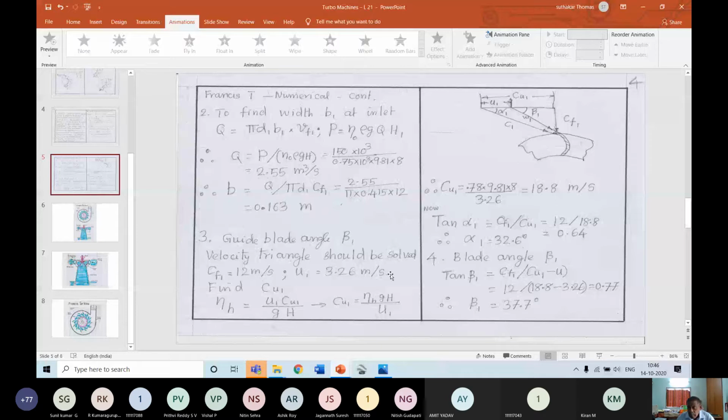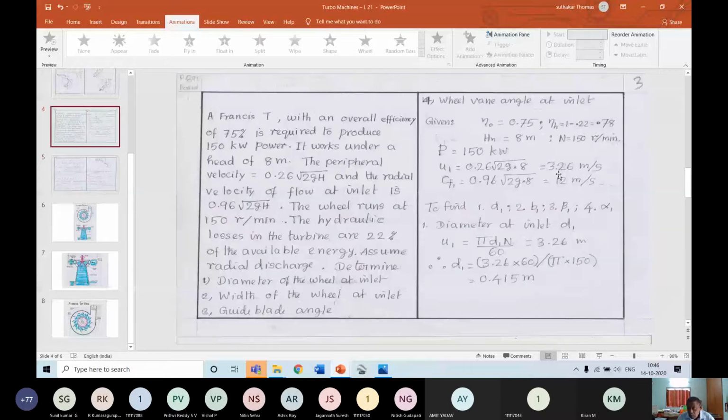Now, quite often, initially one may not know whether beta 1 is less than 90, 90, or greater than 90. In this case we get a clue that the velocity u1 is relatively very small. Velocity u1 is only about 3.26 meters per second, whereas the flow velocity is 12 meters per second.